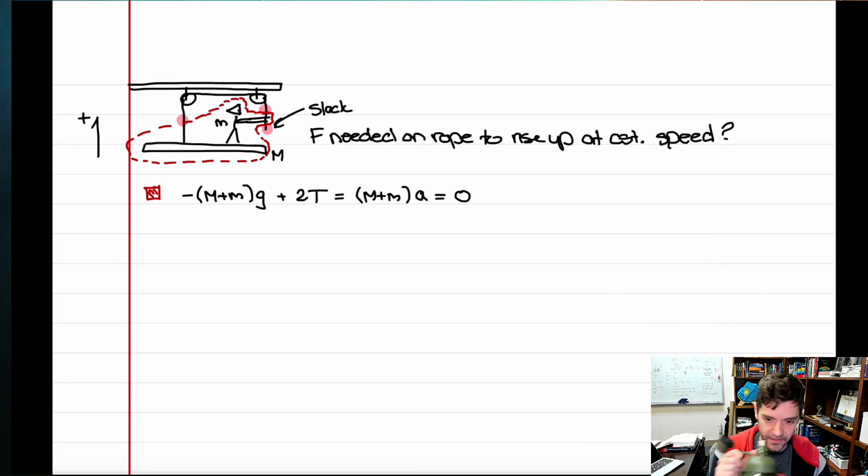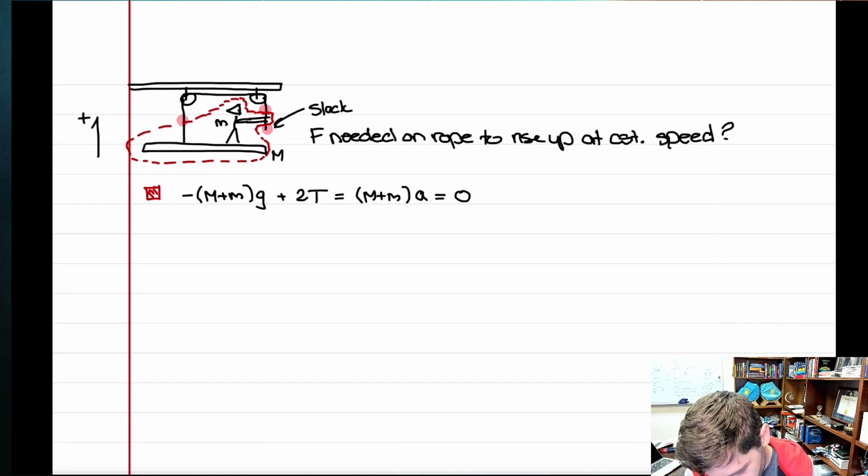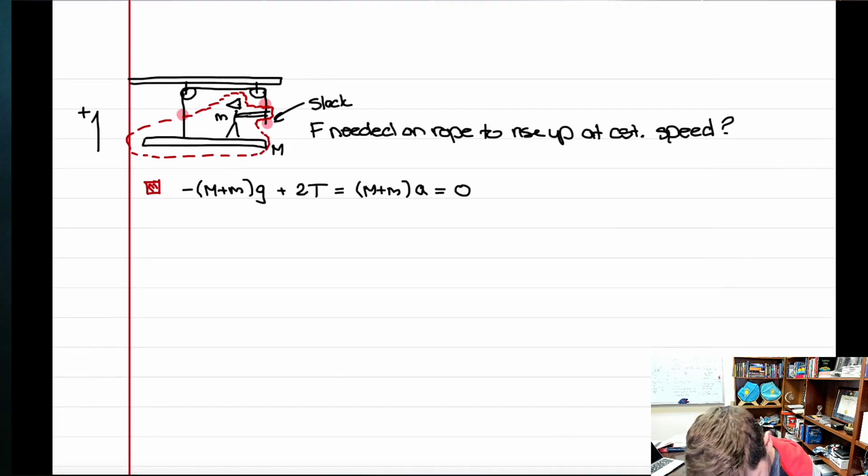I could be rising up at a constant speed. I'll have to exert the same amount of force as if I was trying to rise up or just hold myself stationary. Then what else is there? So there's a tension. So essentially, I guess we're done because we can then get the tension that you need.